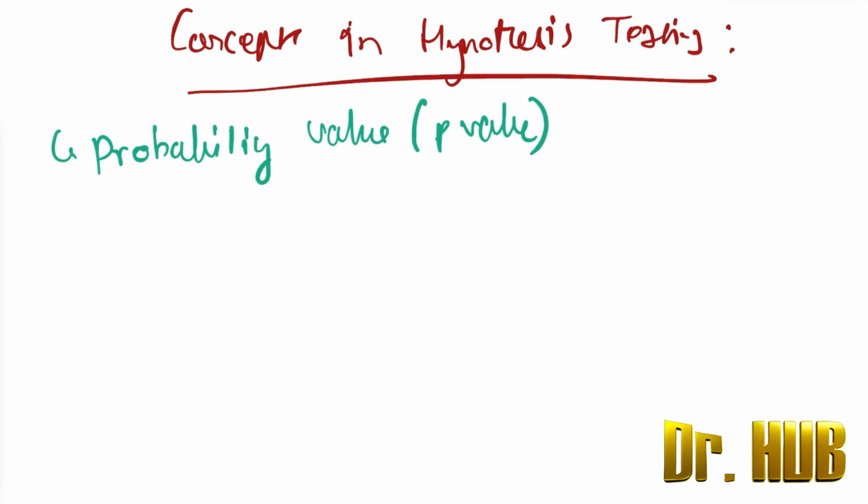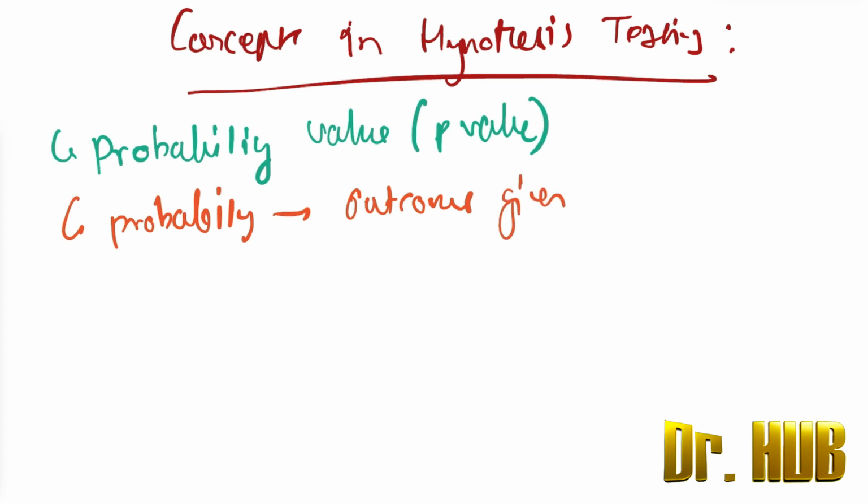The probability value is the probability of an outcome given the hypothesis.